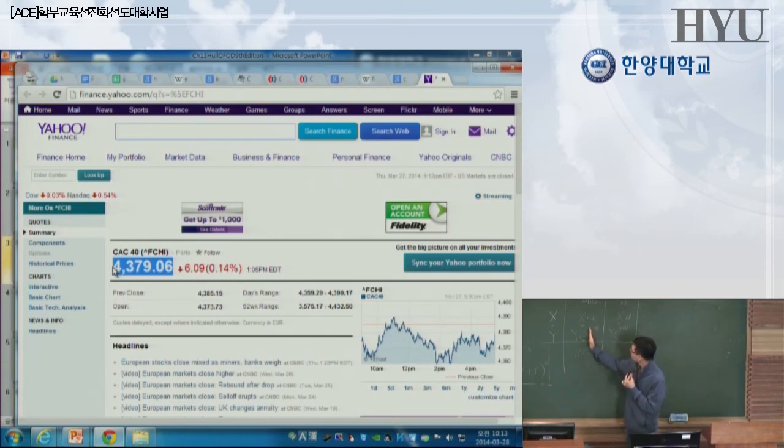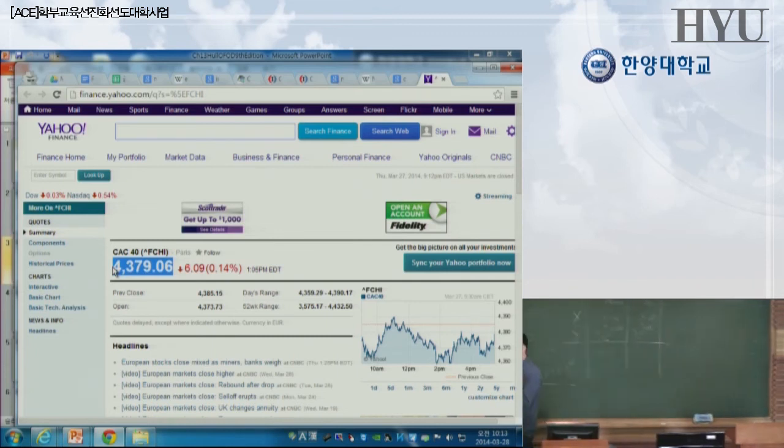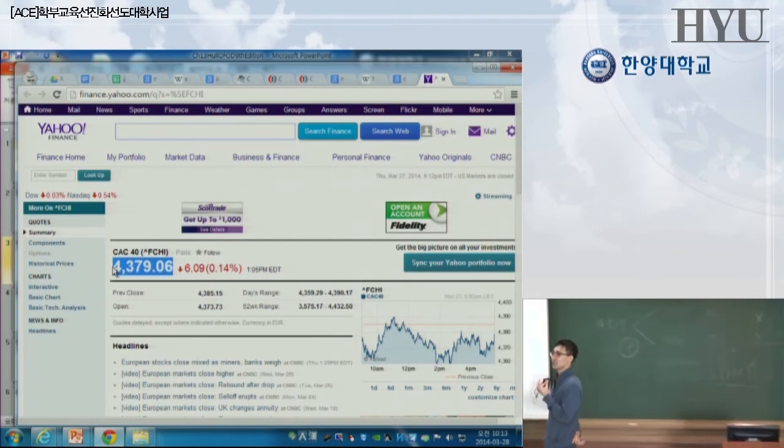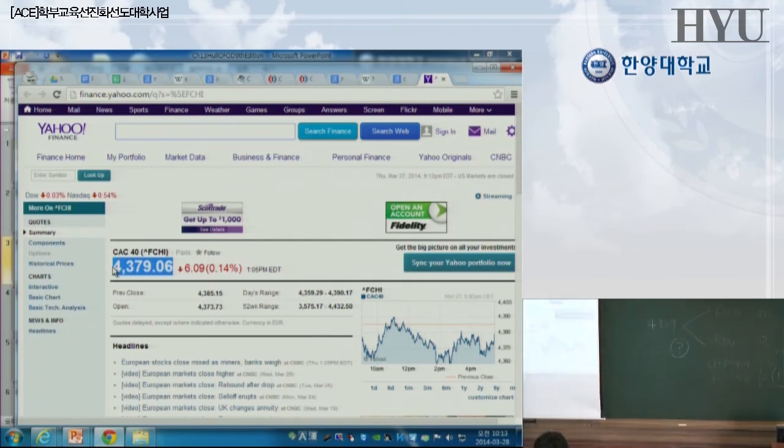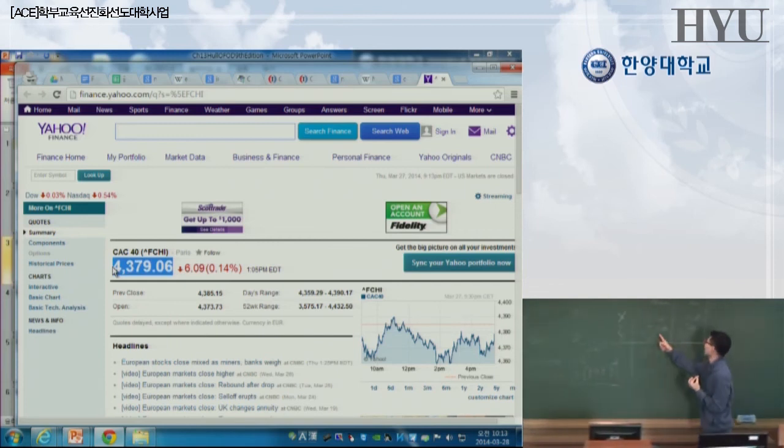Basically, these are two equations, and we have two unknowns, X and Y, which we have to determine. Two equations, two unknowns, so we can solve this problem and get X and Y. It is very easy to solve, because these are very simple equations, and this term and this term are the same.